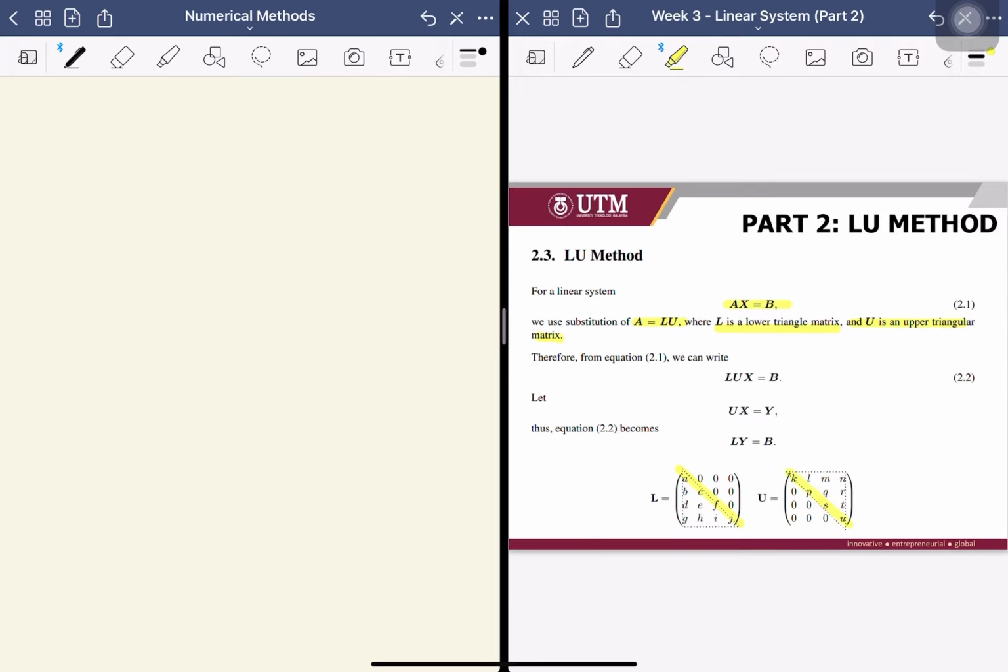So the keyword is L for lower and U for upper. You have to be clear on the difference between L and U here.